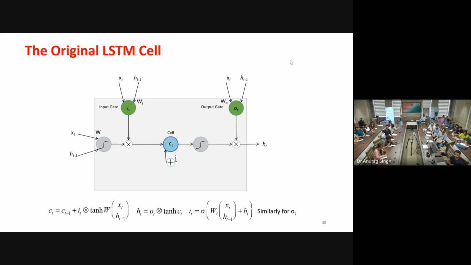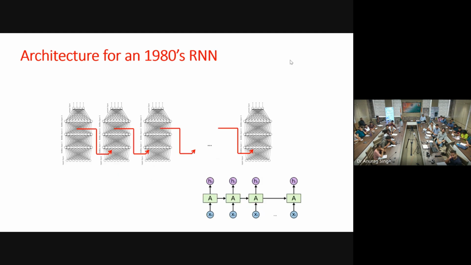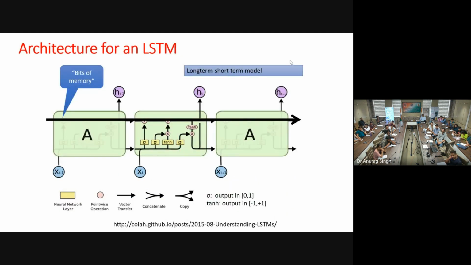Now, I told you that in this architecture we should be able to know what to remember, what to forget, what to bring as new information, so that we arrive at new content. For this, you think about, you have many cells.